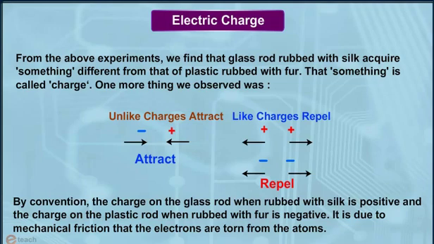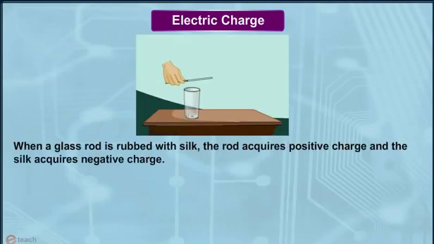It is due to mechanical friction that the electrons are torn from the atoms. When a glass rod is rubbed with silk, the rod acquires positive charge and the silk acquires negative charge.